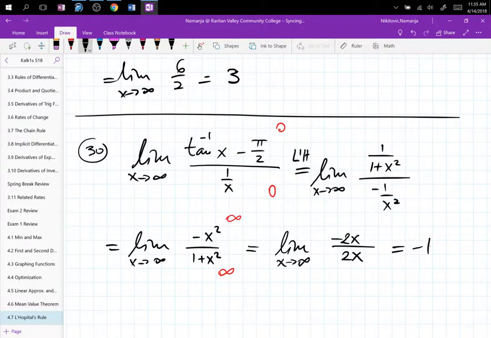So I'm not replacing it with 0, I'm actually replacing it with this, because it's the derivative. You see this really cool problem, which started as 0 over 0, turned into infinity over infinity, and we were able to finish it off. So that's that rule.